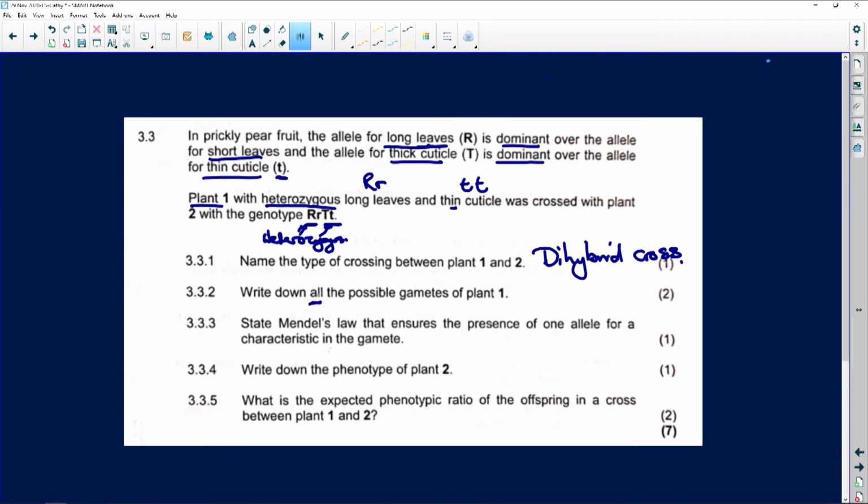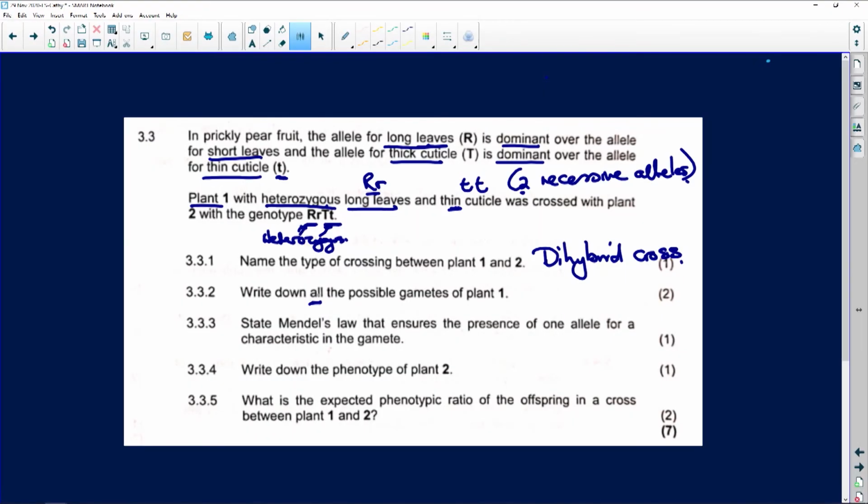Well, that's easy. If we look at plant 1, they tell us long leaves, but they're heterozygous, so it's got to be that. And it has a thin cuticle, which means it must have two recessive alleles. Because if they even had one recessive allele and one dominant allele, you're not going to be able to see the thin cuticle.